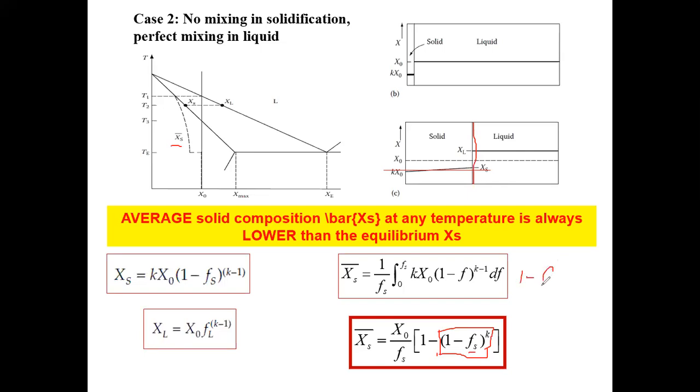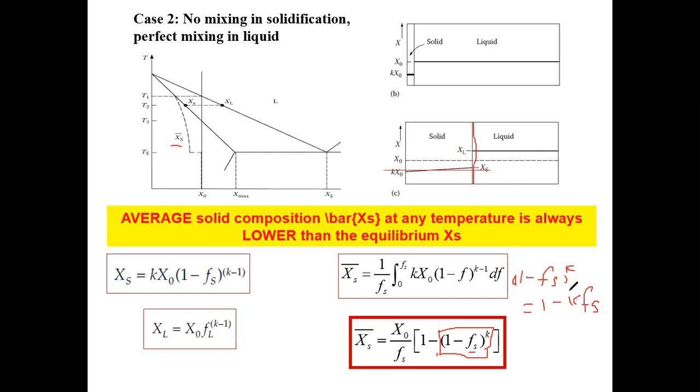You keep the first term, the linear term. So if this is 1 minus fs raised to the power k, a first order Taylor expansion gives you 1 minus k times fs. Does this make sense to everyone?